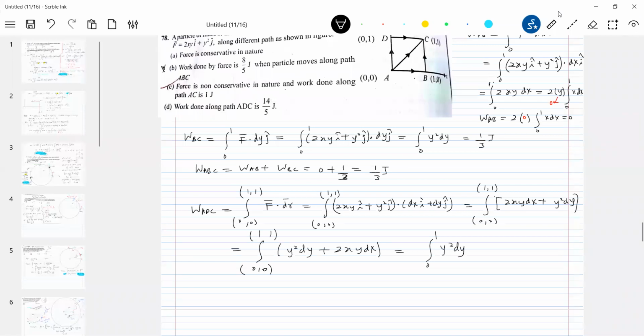The integrand is y squared. There is no x, so no problem. Integrating now, where you are available, what should be the limit? So x goes from 0 to 1. What should you write in place of y?